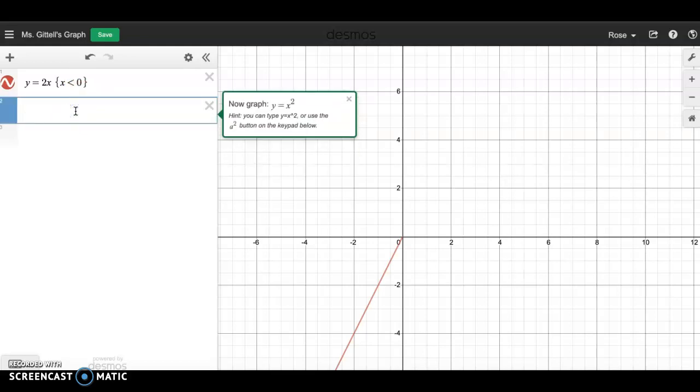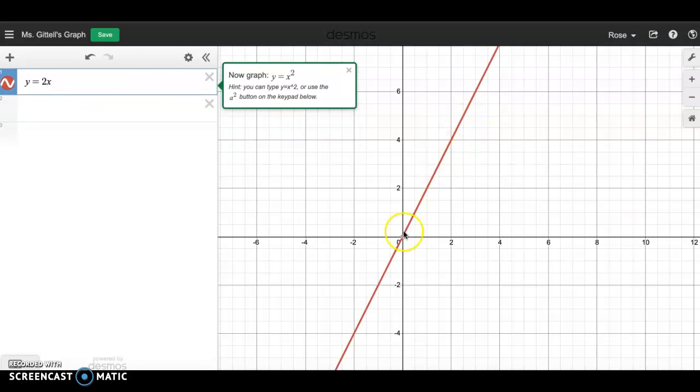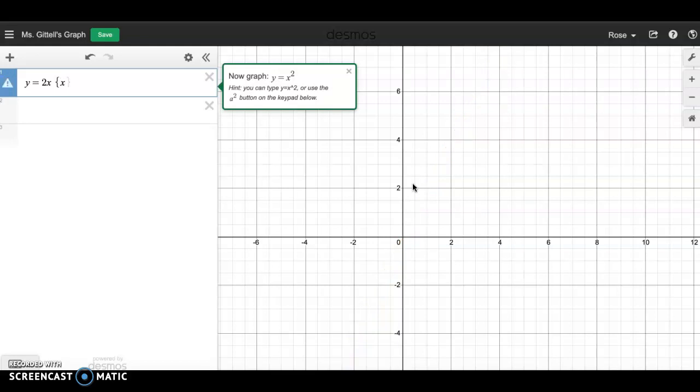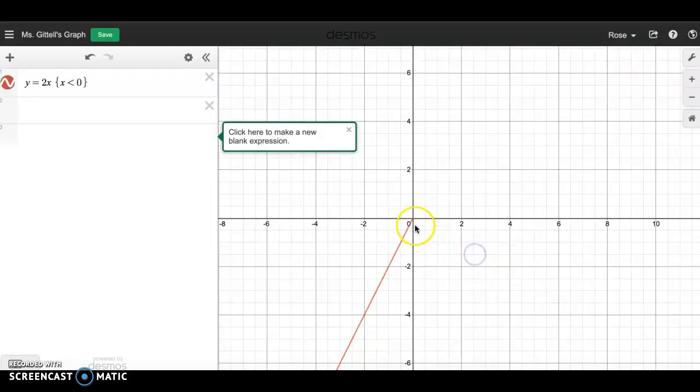Okay, so just to show you again what happened, we had a line y equals 2x, and then we restricted the domain. So we said we only want the graph to exist for x values that are less than 0. And that changes the graph, because now the graph only exists for x values that are less than 0.